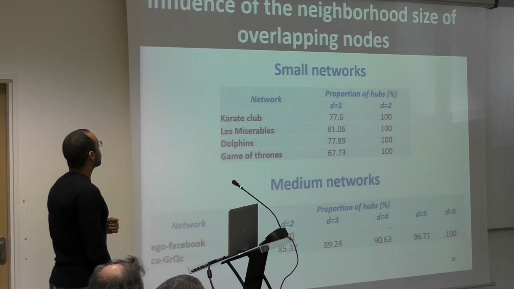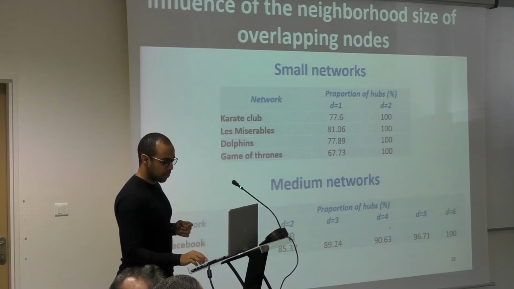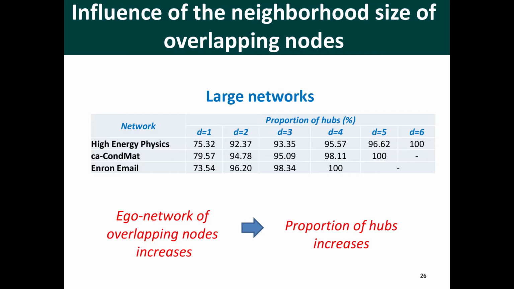After that, we also study the influence of the neighborhood of the overlapping nodes, and this is for all the different types of networks. We represent in these tables the proportion of hubs while increasing the size of the ego network of the overlapping nodes.